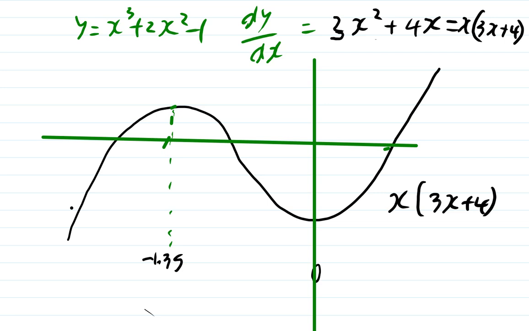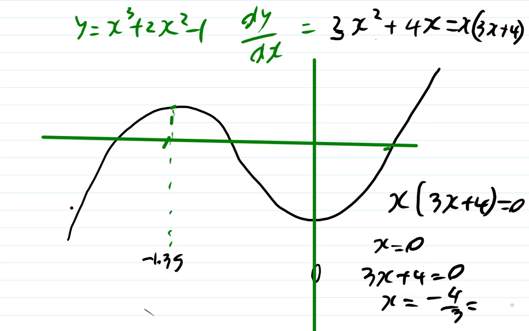Well, if we equate this to 0, then one value of x will be x equals 0, because 0 times 3x plus 4 is 0. So we get this minimum point. The other is when 3x plus 4 equals 0. What would x be? x would be equal to negative 4 over 3, which is negative 1.33.